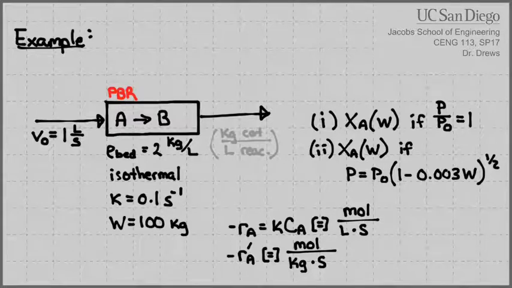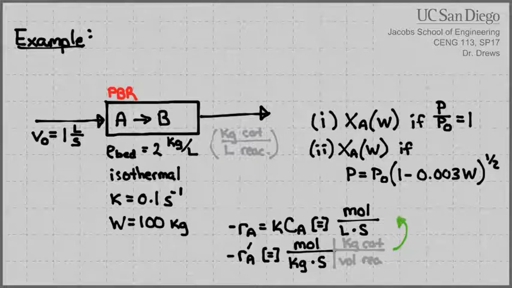So sooner or later, we need to convert between these units and these units. The easiest way to do that, if we look at these units here, is if we could multiply this by a kg of catalyst per volume of reactor, we would then end up with units that look like this.